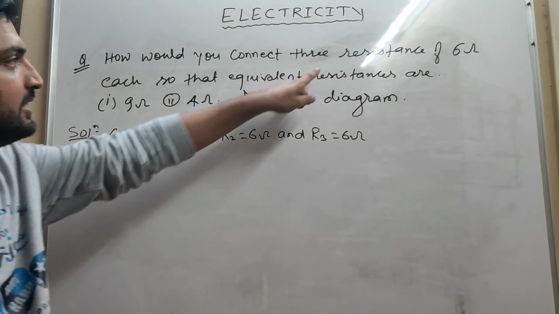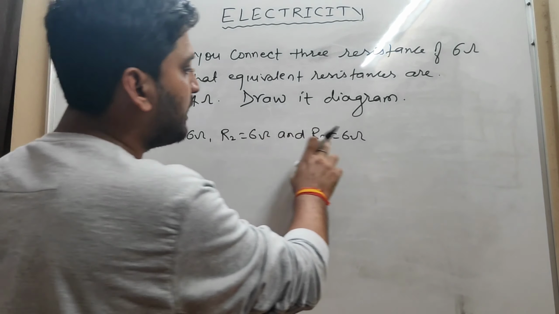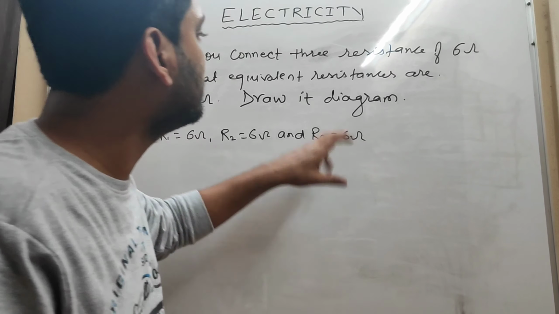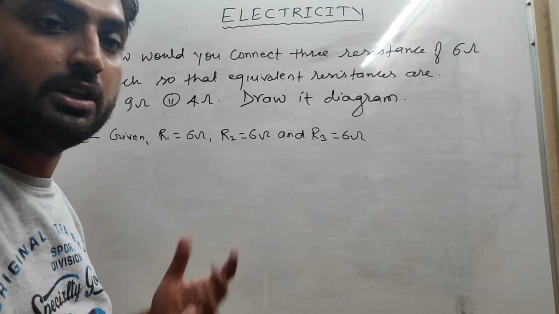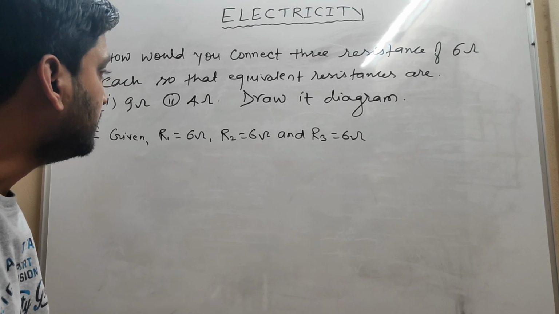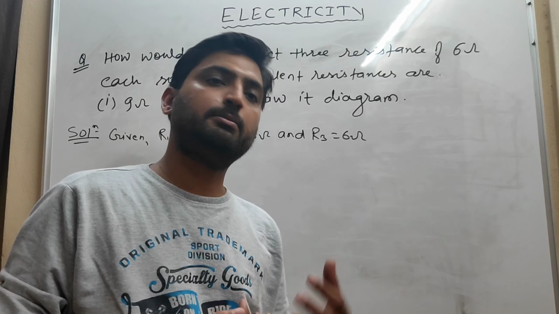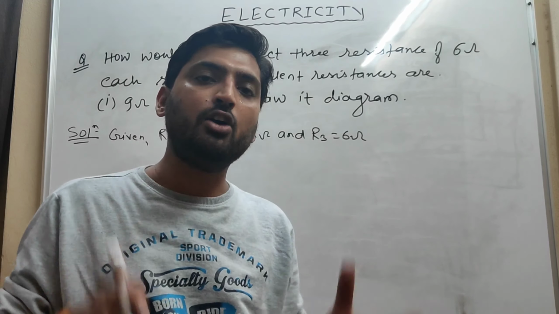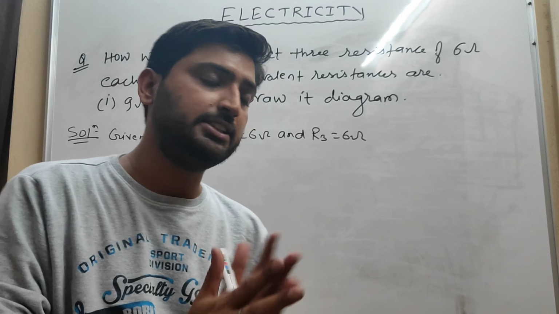How do you connect these three resistances so that the equivalent resistance is 9 ohm or 4 ohm? With a diagram we have to explain it. In the previous question we were finding the equivalent, but in this question they have given the equivalent. You need to find by which method you can get that equivalent resistance.